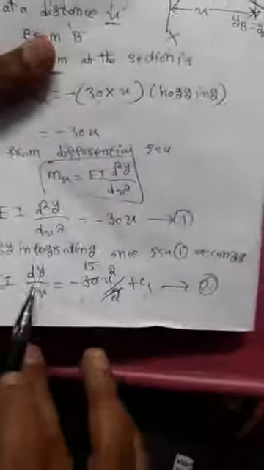L is here the span length, which is 4 meters, and dy by dx equal to 0. For these boundary conditions you can select equation number 2.